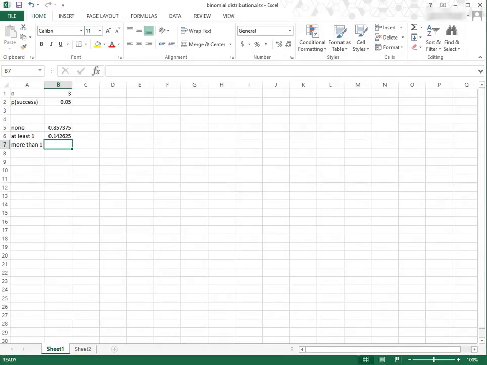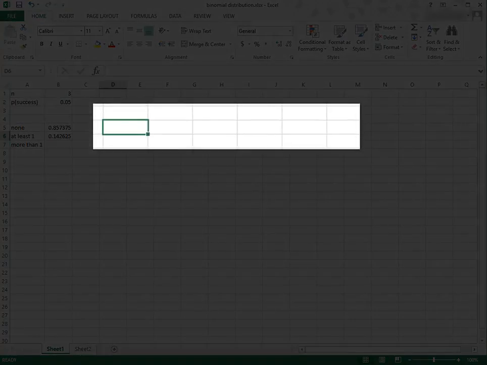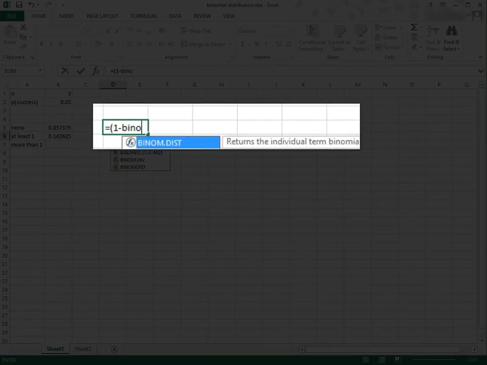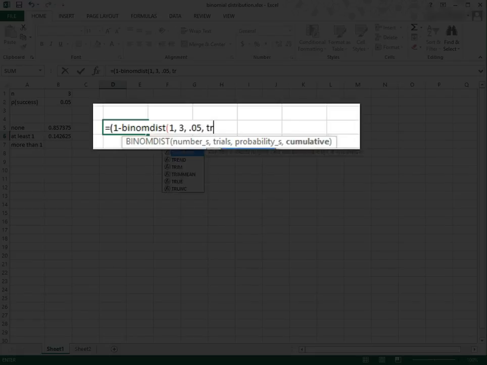The other way to arrive at at least one product being returned is to take 1 minus the probability that up to 1 products are returned. So we will use the true argument.